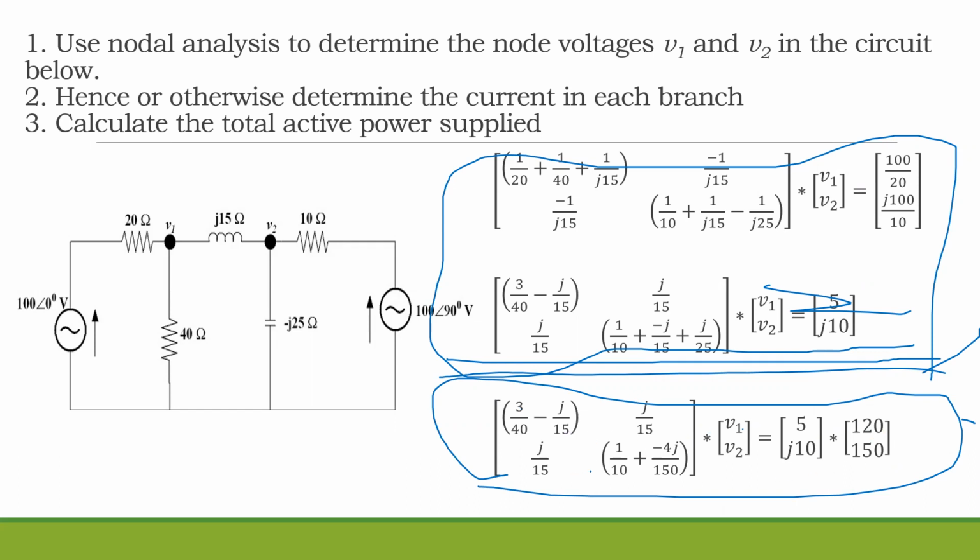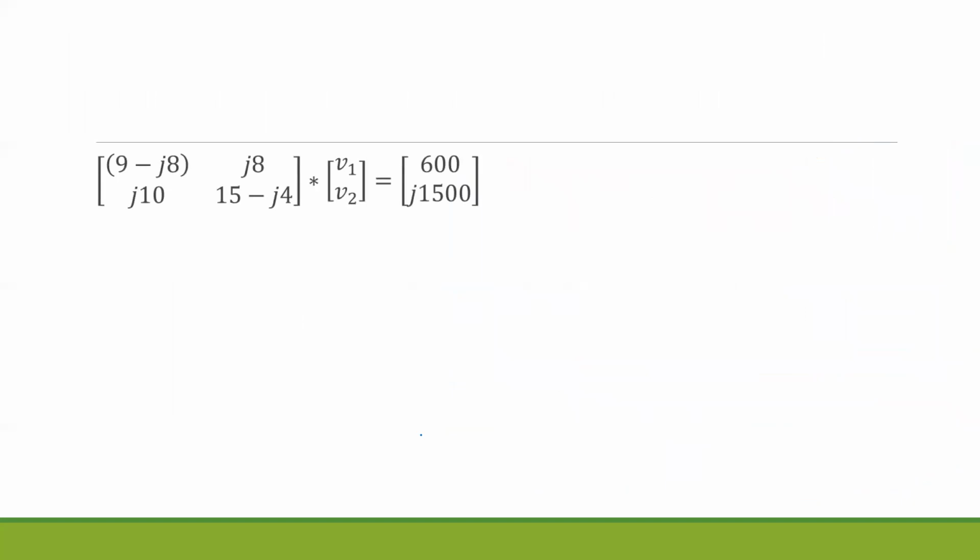If you come to the bottom, 150 over 15 is 10. 150 over 10 is 15. And so this would be 40 here. So you do that calculation and you'll get that as your matrix.